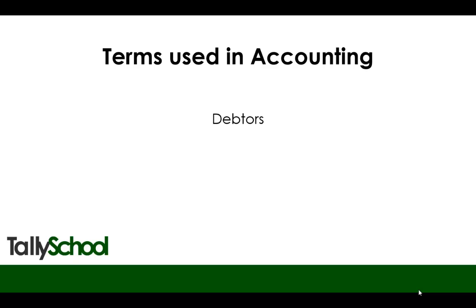So what are creditors? Taking the example just explained, you are the creditors of BCD Limited because they purchased from you and they agreed to pay you cash after a month. This is the term used in accounting, creditors, when you purchase something and the other party agrees to make a payment after a month.